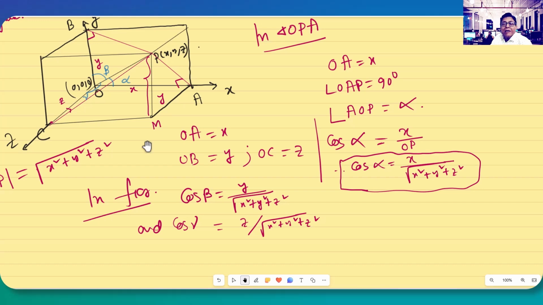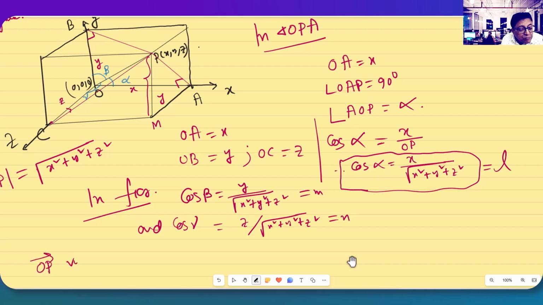To define a line, we need these three quantities. At least two of them must be known. If we know two of them, then the remaining one can be found out. How? Before doing that, let us name this one as L, this as M, this as N. So what I told you, OP is a vector and OP is a line segment.